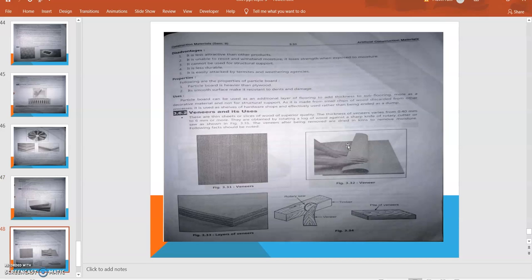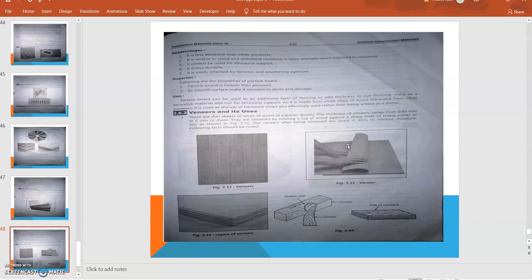Then there are veneers, and their uses are explained over here. These are thin sheets or slices of wood of superior quality. The thickness of veneers varies from 0.4 to 6 mm and they are obtained by rotating the log of wood against the sharp knife of a rotating cutter or saw.